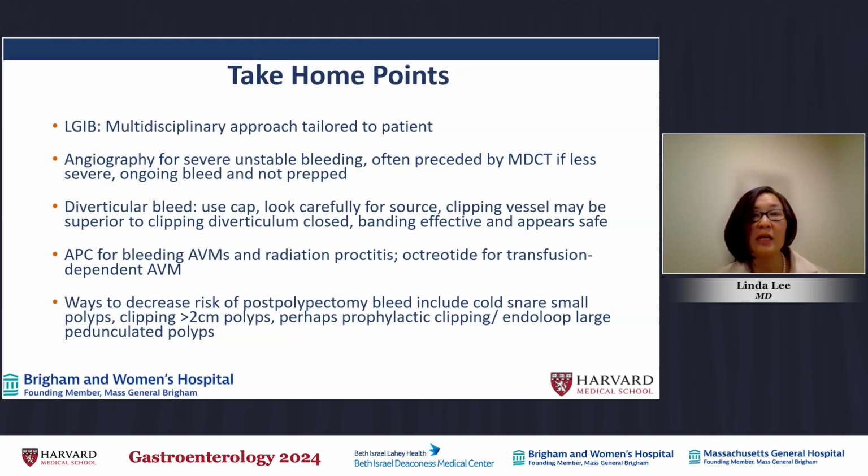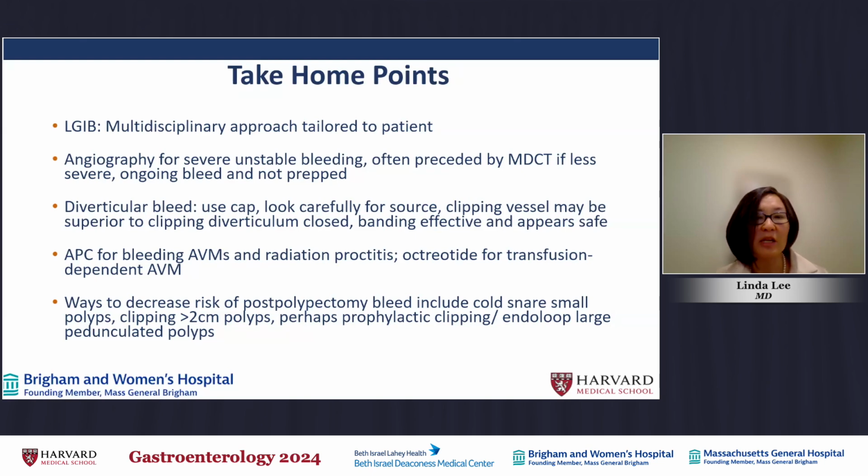For diverticular bleeding, it's helpful to use a cap. Look carefully for a source, both while you're going in with the scope as well as coming out. Clipping the vessel itself may be superior to clipping the entire tip closed. Banding appears to be effective and safe as well.